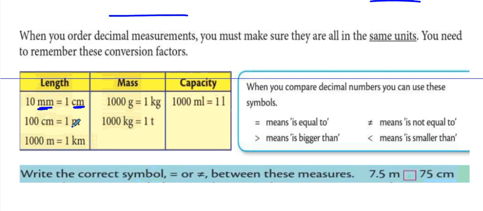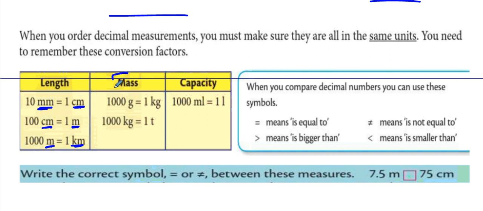The conversion factor between meter and centimeter is that 1 meter equals 100 centimeters. And the conversion factor between kilometer and meter is that 1 kilometer is 1,000 meters.